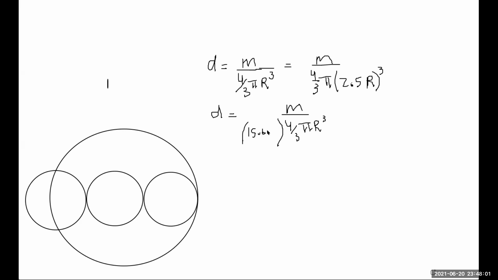So how is that going to change its density? Well, the ratio of mass over volume is its original density. You see, that's the original density.